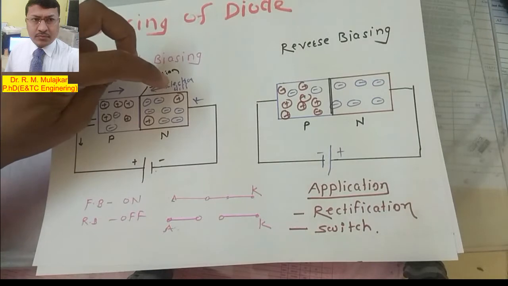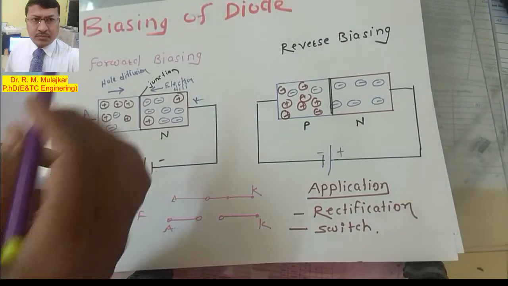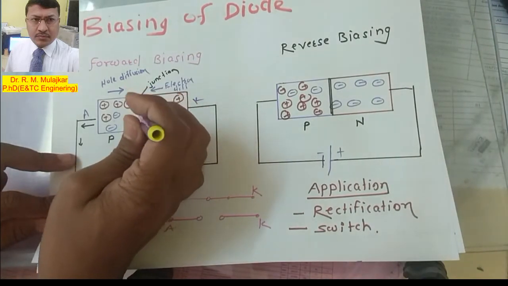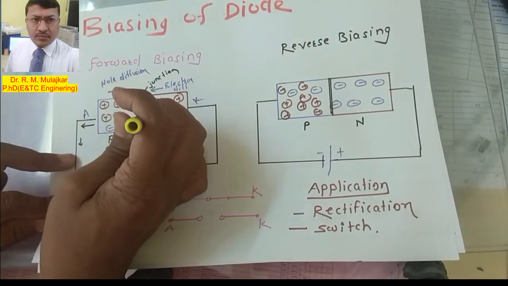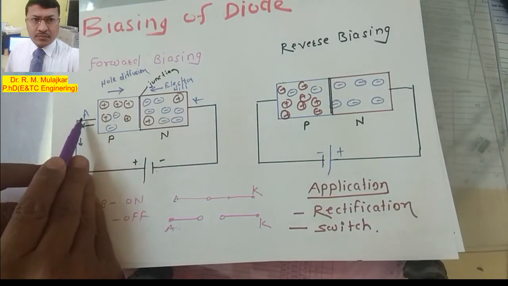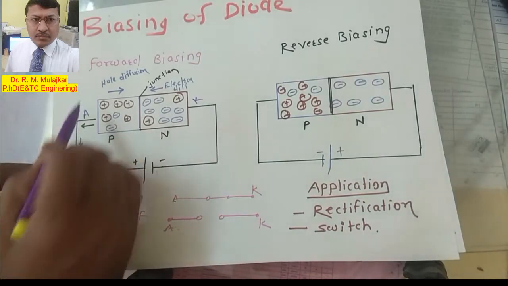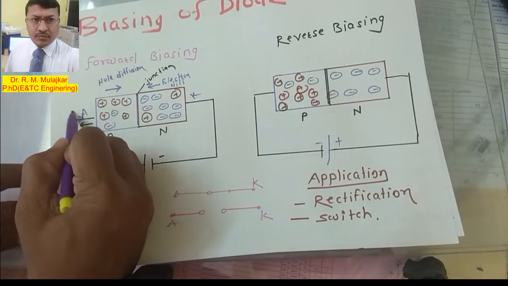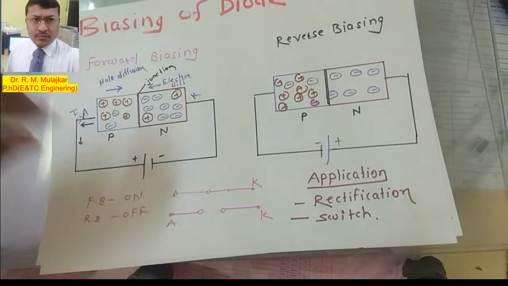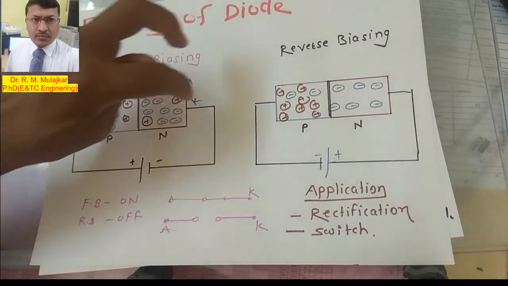The electrons are traveling in this direction and the holes in that direction, so the junction gets reduced, and current starts to flow from anode to cathode. So the current is flowing in this direction, due to this positive polarity and this negative polarity.